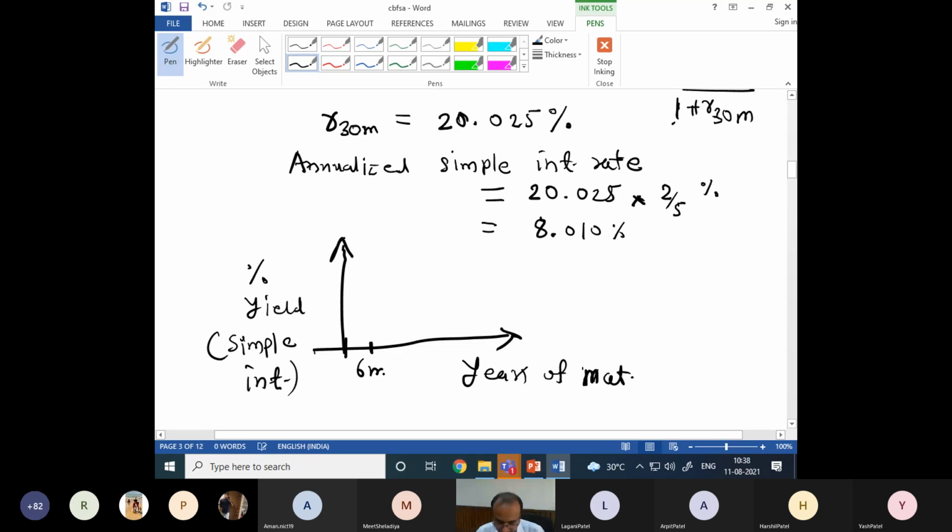Let's say 6 months, say 12, the information is not there, 18, then 24 information is not there. We have to find. So here we say it is in number of months.